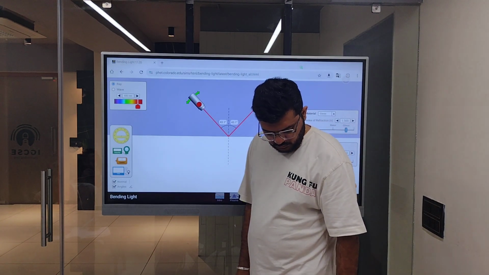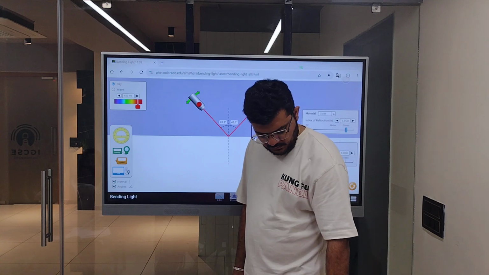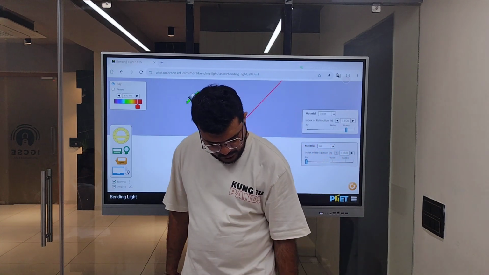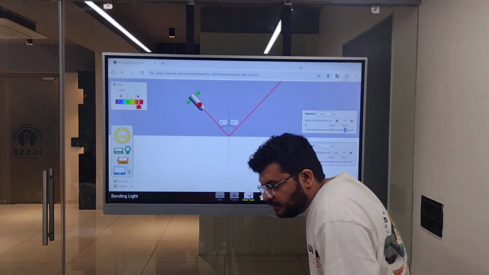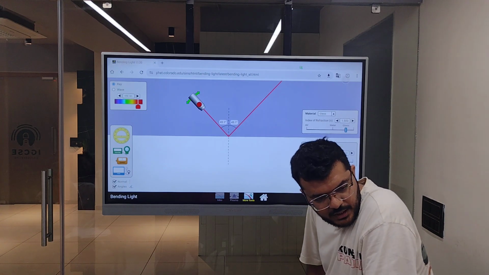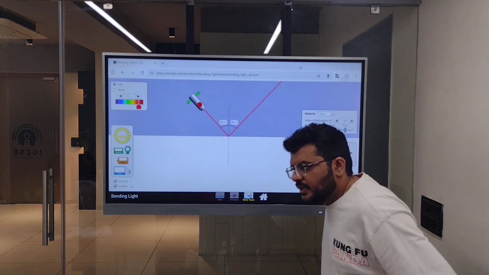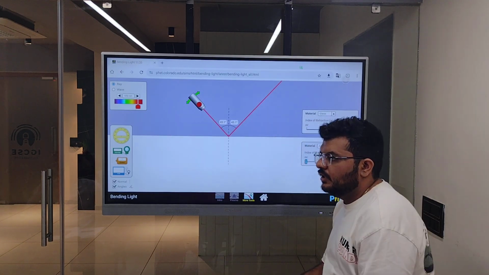Total internal reflection. Everything clear up to here, does it make sense, what I'm trying to explain?